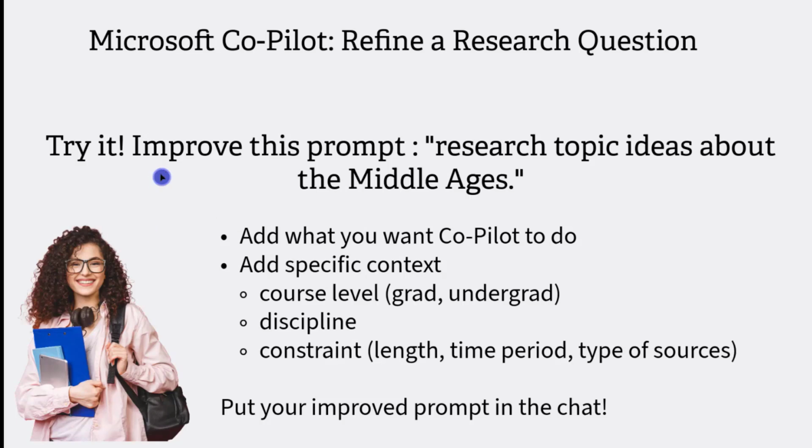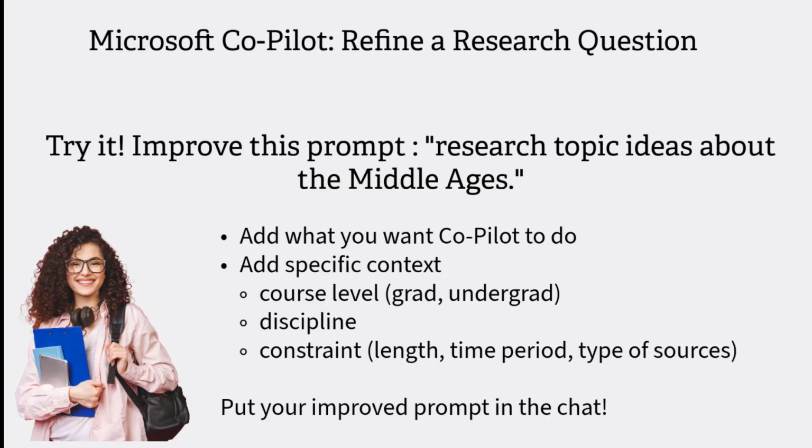So here's another scenario. We have this student here, a history student, who is doing some research, and they know that they want to do something about the Middle Ages. So their research prompt right now is they want research topic ideas about the Middle Ages. We know that that is very broad and doesn't give a lot of instructions to Copilot.